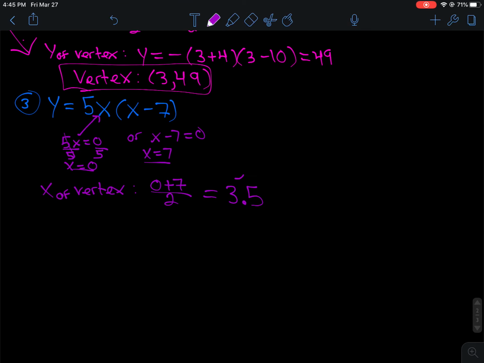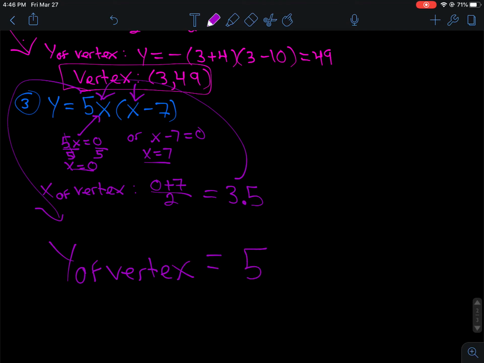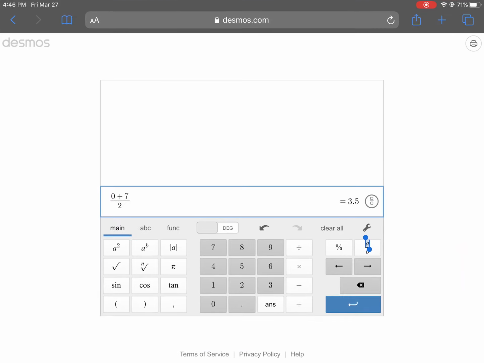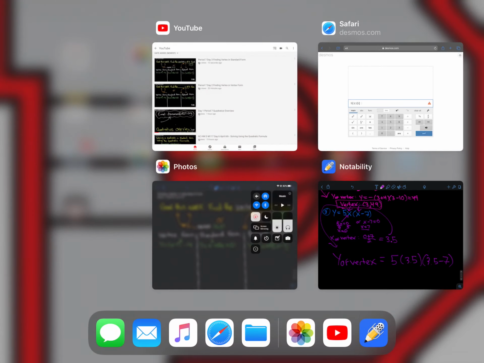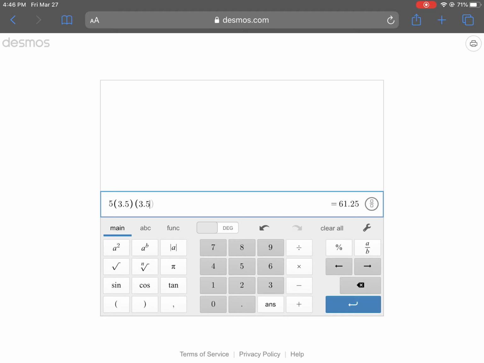And then what you're doing now is you plug this into the x to get your y. So the y of the vertex is going to equal 5 times 3.5 times 3.5 minus 7. Again, that's something you can plug in your calculator now. So I'll come here. 5 times 3.5 times 3.5 minus 7.